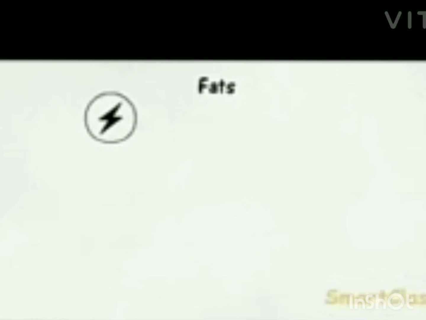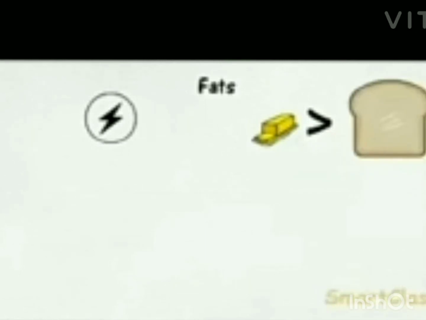Fats. Fats are the richest sources of energy. We get it from butter. Say a slice of bread: bread provides carbohydrate, butter provides more fat.